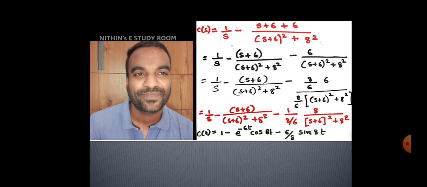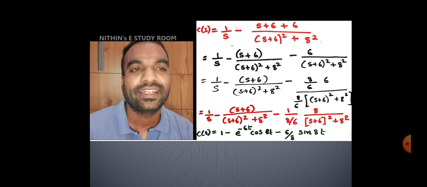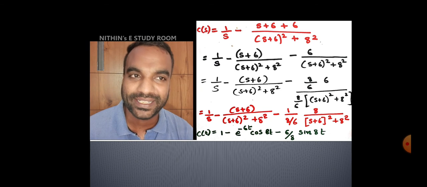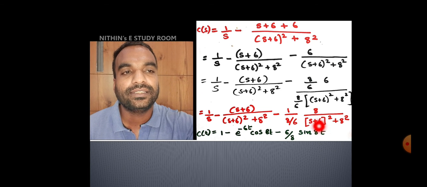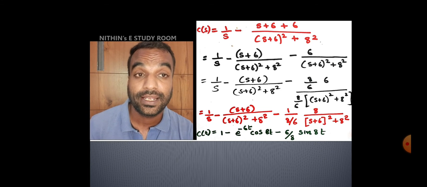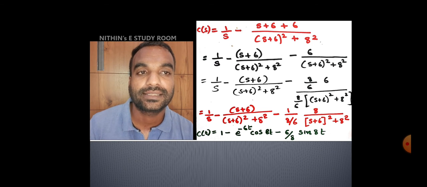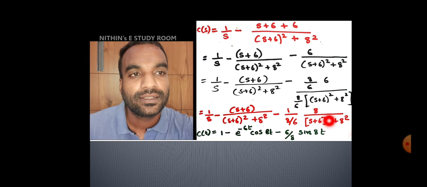There is a mistake. I forgot to write e raised to minus 6t, because shifting in frequency is equal to exponential multiplication in time. So you have to multiply that sin 8t.